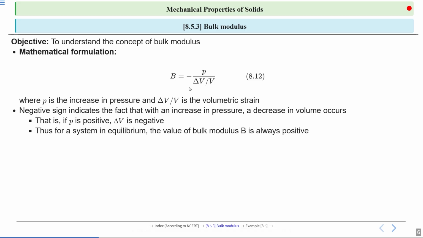So for a system that's in equilibrium, the value of the bulk modulus B always comes out positive. This is because the negative sign in the formula cancels out the negative change in the volume, giving us a positive value for B. This positive value tells us how resistant a material is to being compressed.